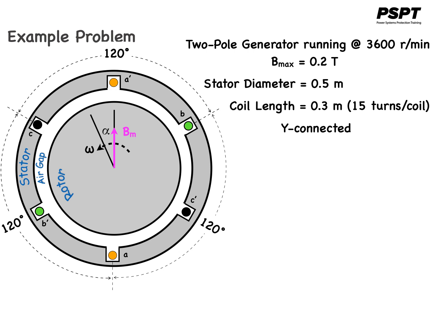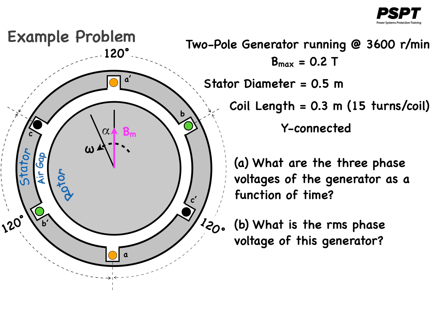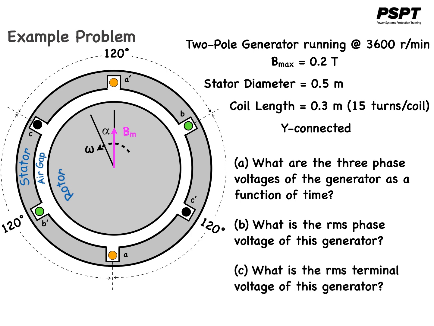What we want to find is: what are the three-phase voltages of the generator as a function of time? What is the RMS phase voltage of this generator? And what is the RMS terminal voltage of this generator?